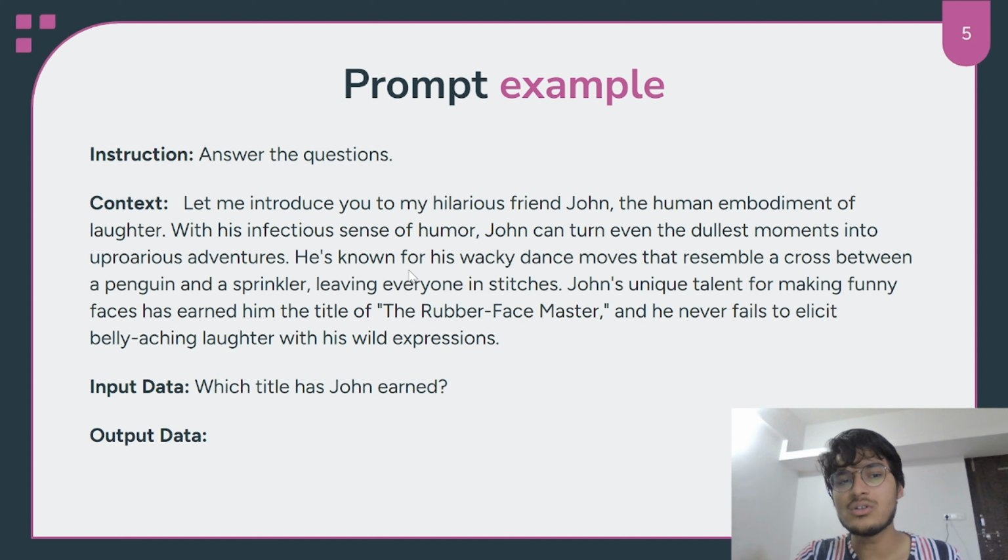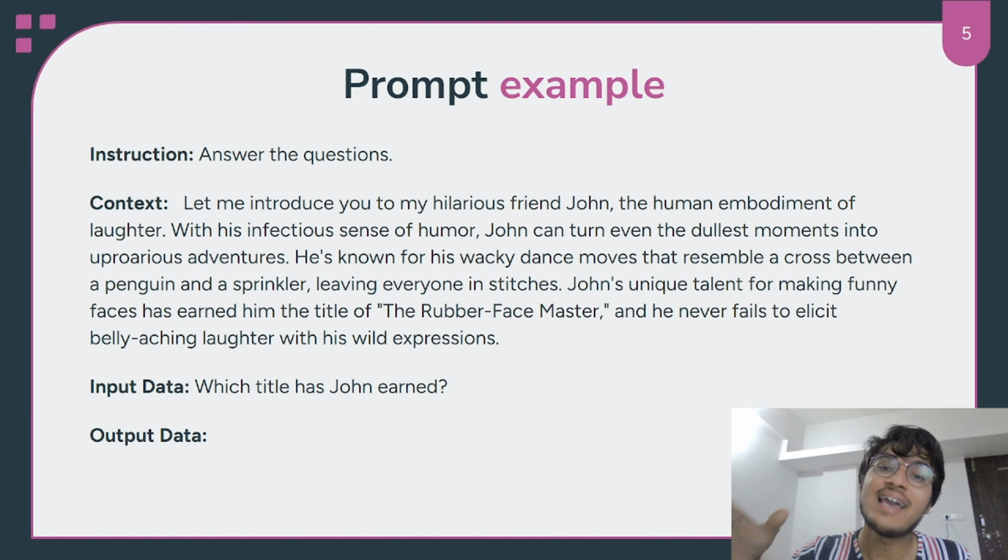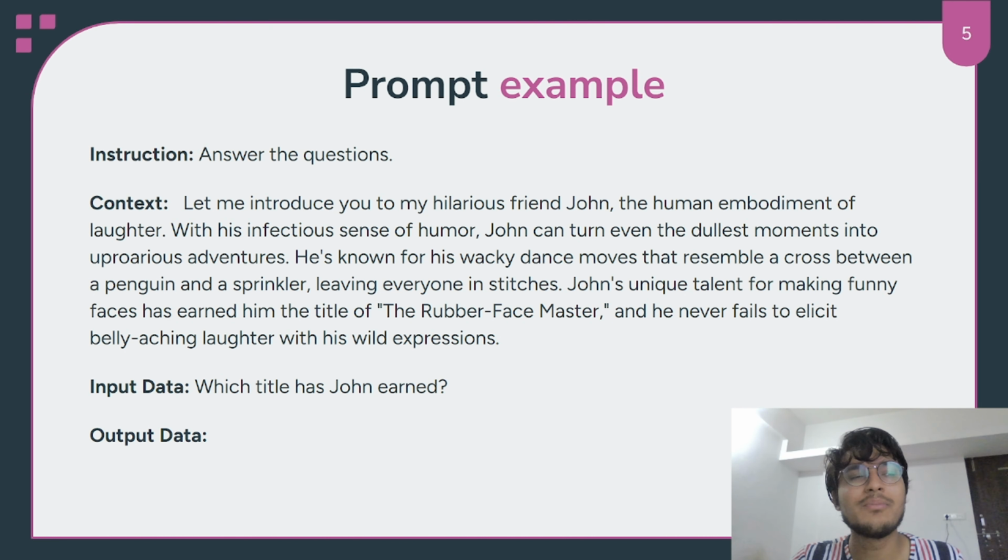Now the context will be from where you want to get that information. You might ask me that in ChatGPT I never give context, I just say who is Ratan Tata, and it is able to give me information. Why? Because the model already has that knowledge. You might have seen in ChatGPT, it says that it has been trained on data before 2021 and can't give an exact answer about any current event.